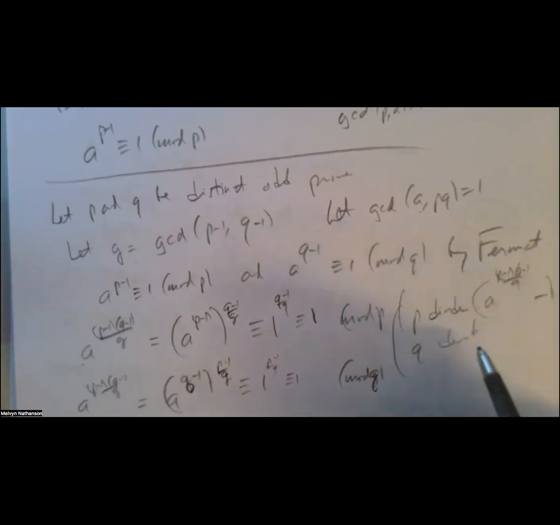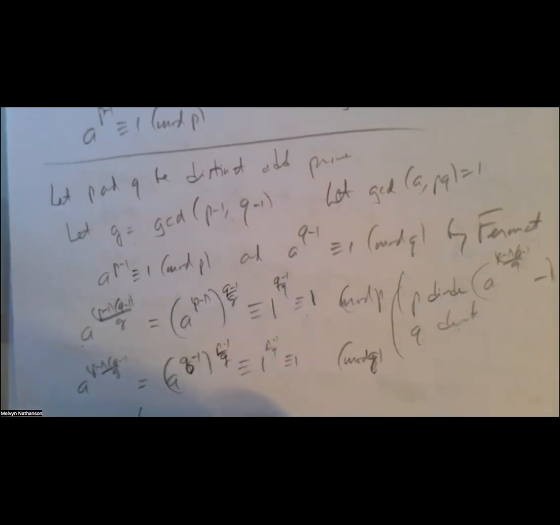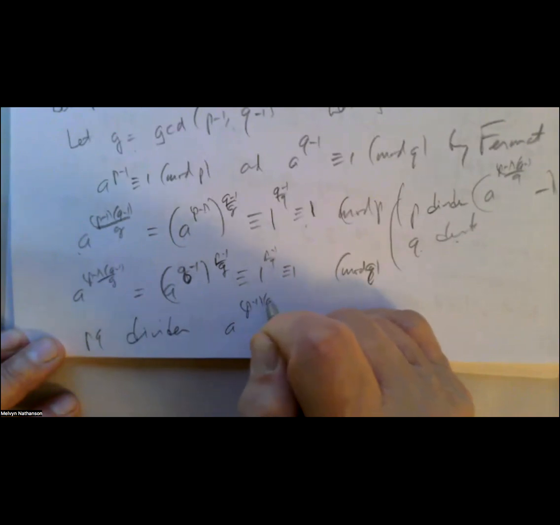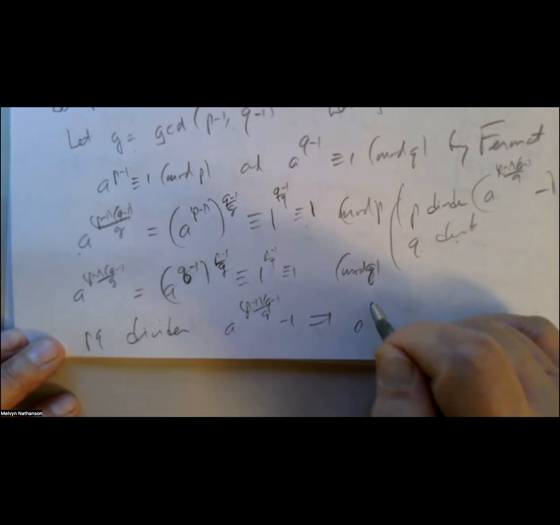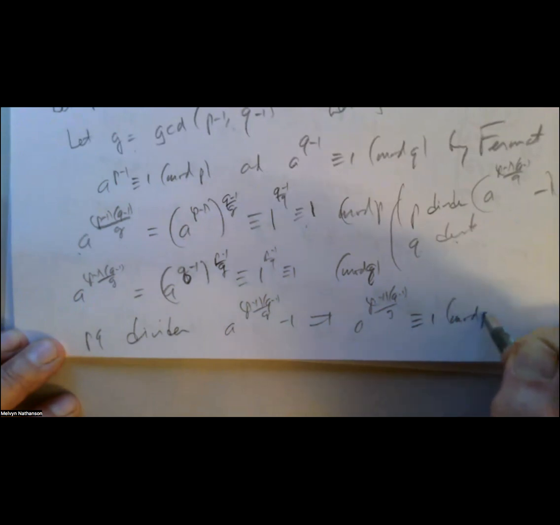And P and Q are distinct primes. So if two different primes divide a number, the product does. So PQ divides A to the P minus 1, Q minus 1 over G, minus 1. So A to the P minus 1, Q minus 1 over G is congruent to 1 mod PQ.